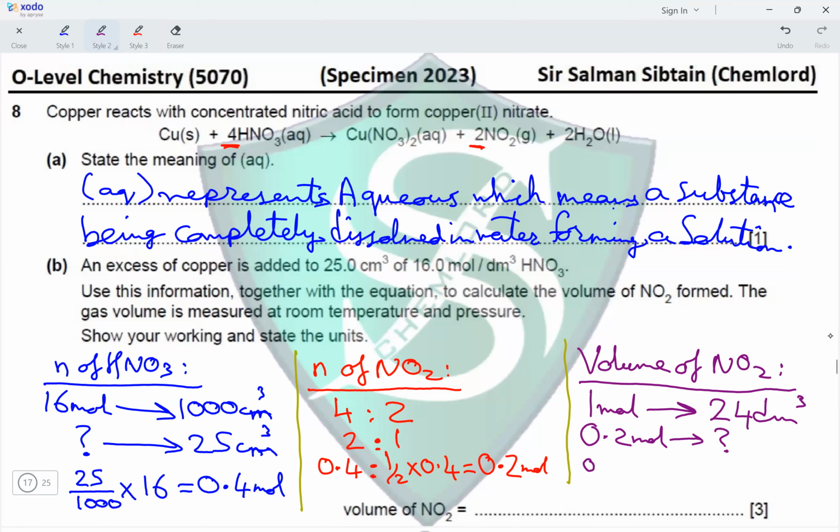So, this would be 0.2 divided by 1 multiplied by 24. And when we do this, we end up with a value of 4.8 dm cube. So our final answer would be volume of NO2 is 4.8 decimeter cube. And if we want to put this in cm cube, we would write 4800 cm cube.